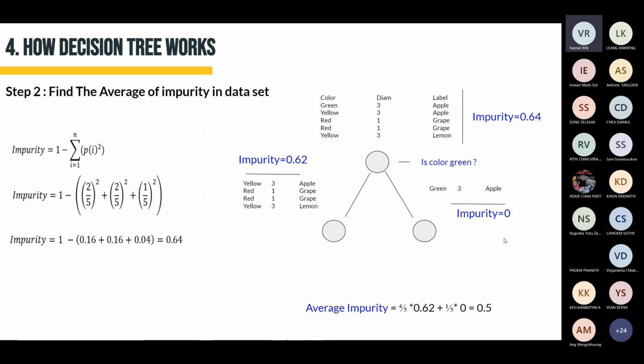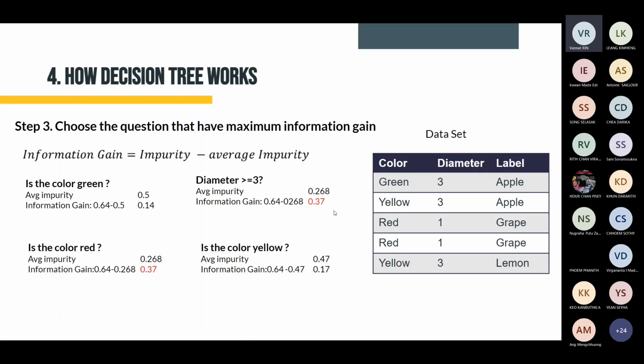So it is likely that the color feature would be the root node, or the best fit for your decision tree, right? Yeah, teacher. If you calculate based on the question, you have to determine how many questions you should ask, so it might be difficult to find that.